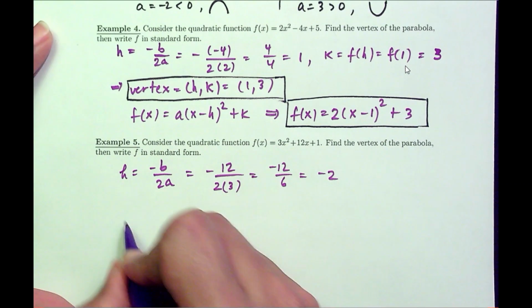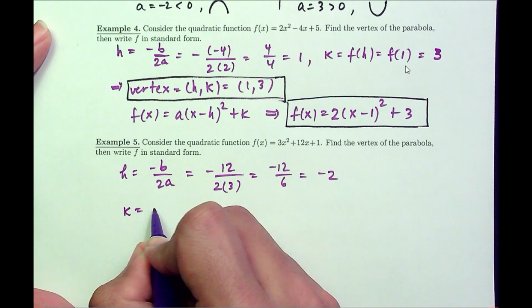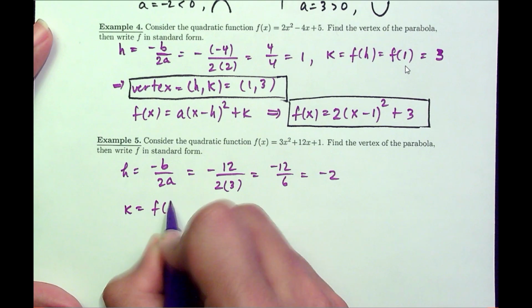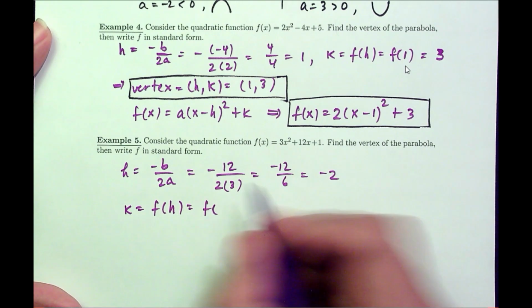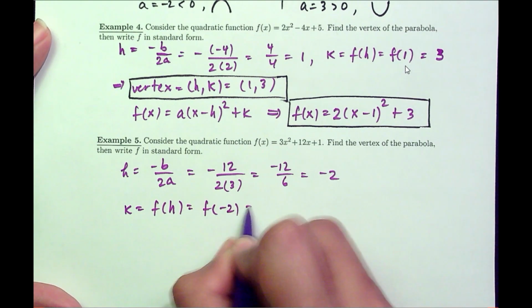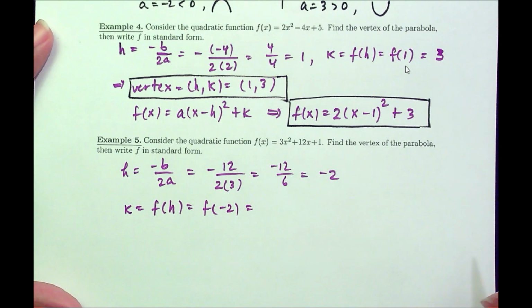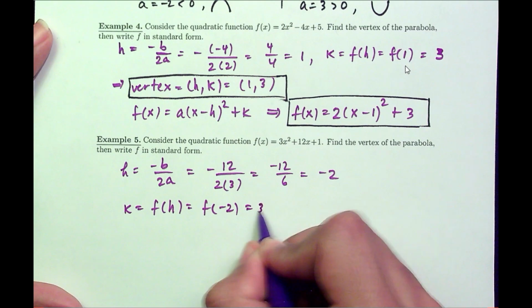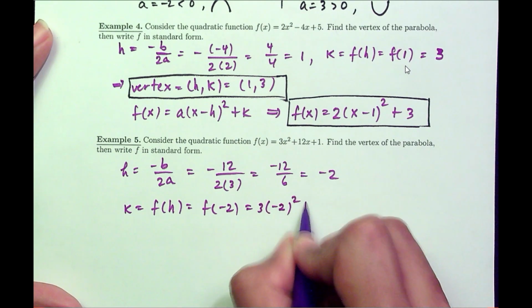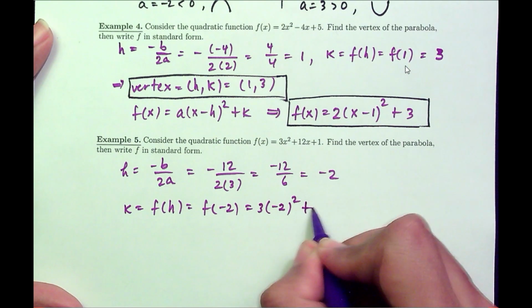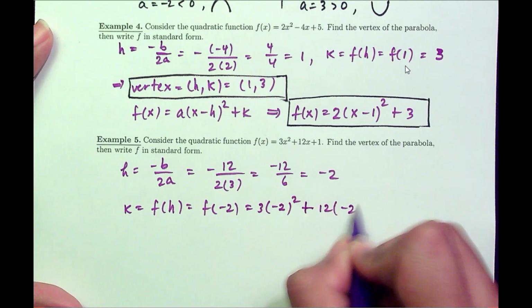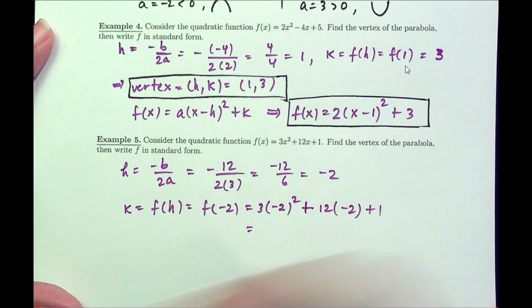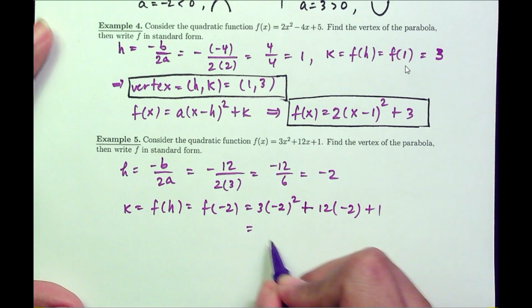Once you have the h, the k is just what you get when you plug in the h. So k equals f of h, but we said that h is negative 2, so f of negative 2, and now we just have to plug in negative 2 in there. So 3 times negative 2 squared plus 12 times negative 2 plus 1. This is 3 times 4, which is 12.